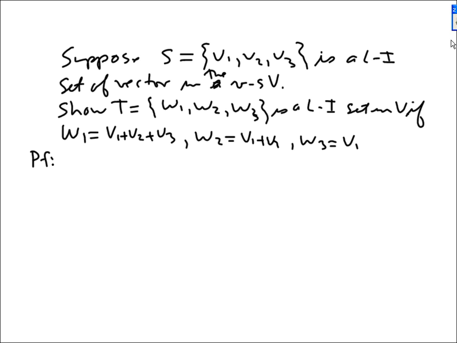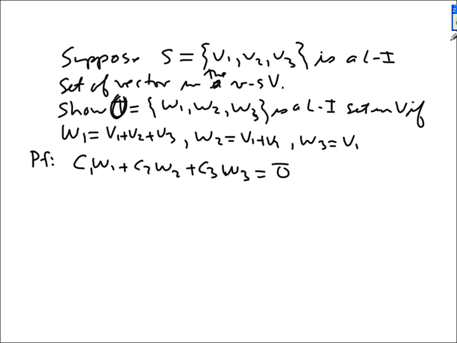We want to show that if a linear combination of vectors in set T equals the 0 vector, we want to know whether or not the C's are 0. The C1, C2, and C3 are 0. That's what we want to know.